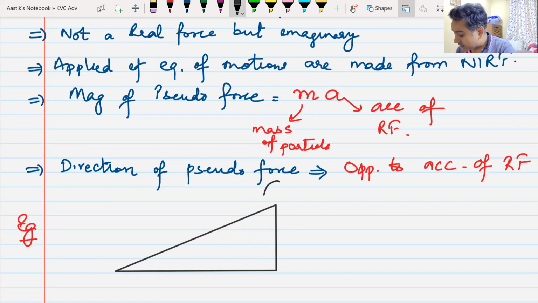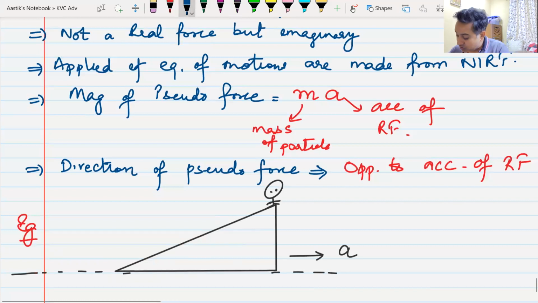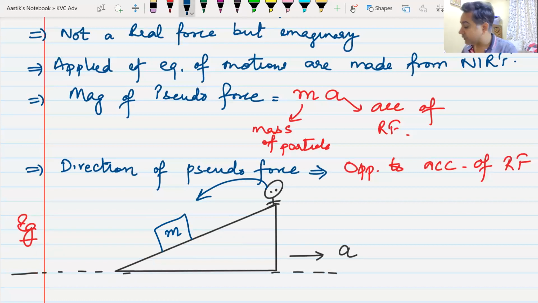If I have this wedge and I'm sitting on the top of this wedge, and this wedge is accelerating with an acceleration A with respect to the ground. And I want to make the equation of this block whose mass is M, sitting on this wedge, so what do I need to do?